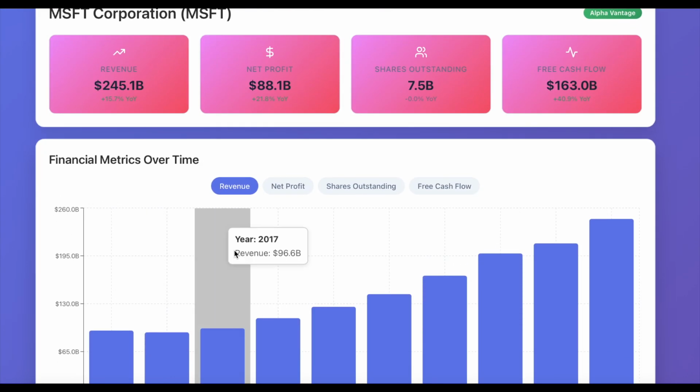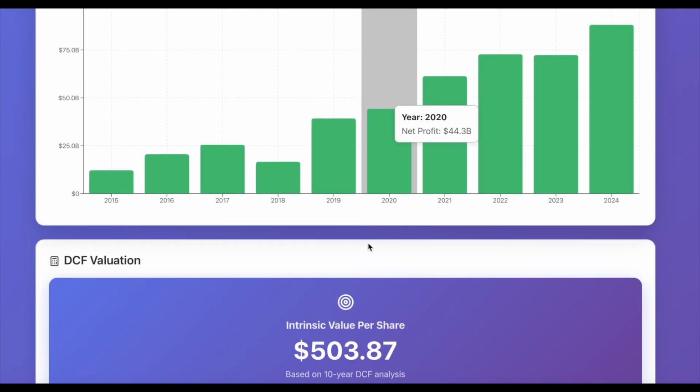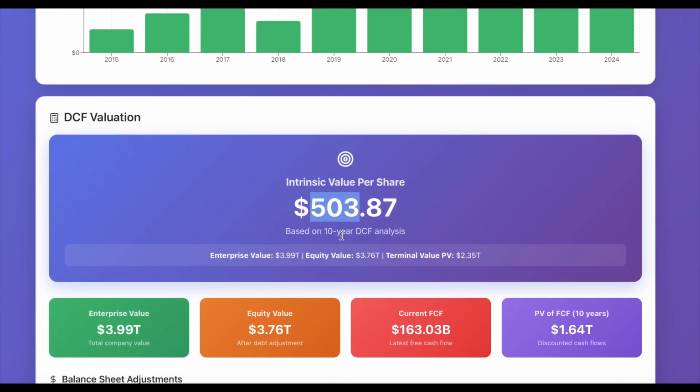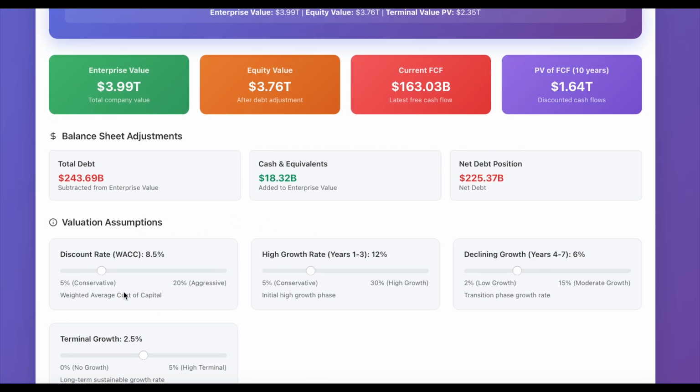So all of the financial metrics are updated, as you can see. And if we go further down, the discounted cash flow valuation is also updated for Microsoft. So in this case, it assumes an intrinsic value of $503. But again, this is something that you will need to look at the valuation assumptions to understand where this figure is coming from.